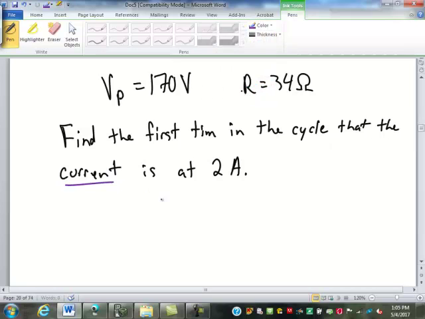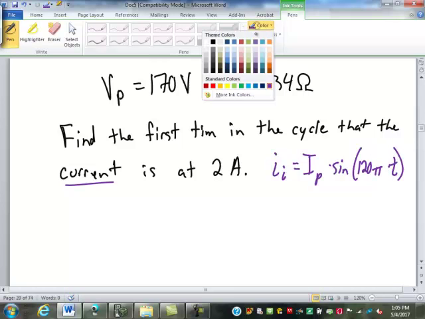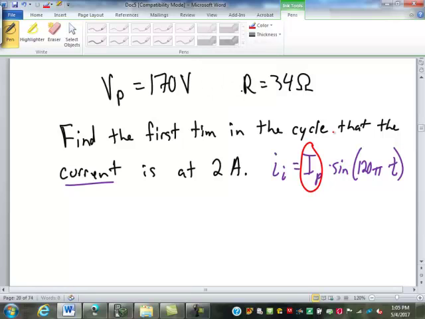Now notice I asked for current here, so I'm dealing with the instantaneous current is equal to the peak current times the sine of 120 pi times t. Well, what's this peak current here? Peak current is equal to peak voltage divided by resistance.